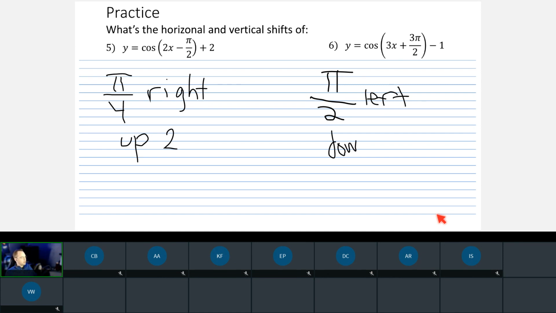I agree with that. And down 1. All right. Everyone agree with those? I think I do. Okay. All right, let's get to some harder problems.